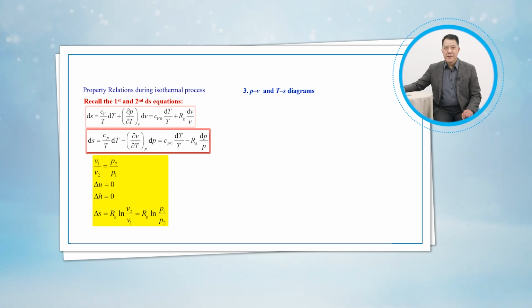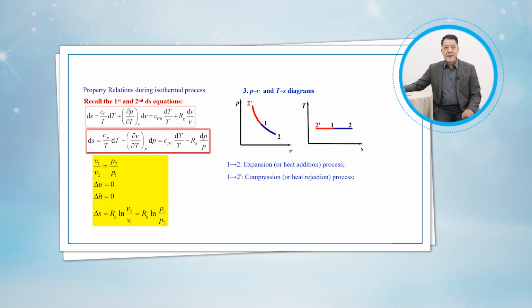Thirdly, the PV and TS diagrams. These are the isothermal processes shown on the PV and TS diagrams, where path 1 to 2 is the expansion process, and path 1 to 2 apostrophe is the compression process.